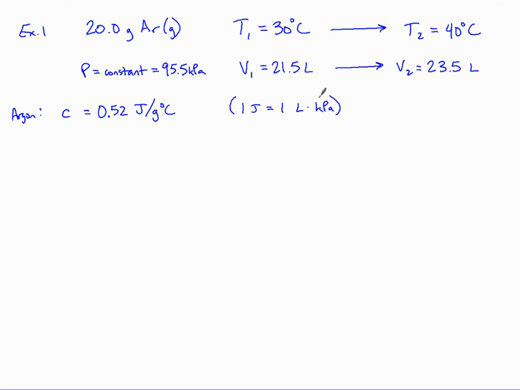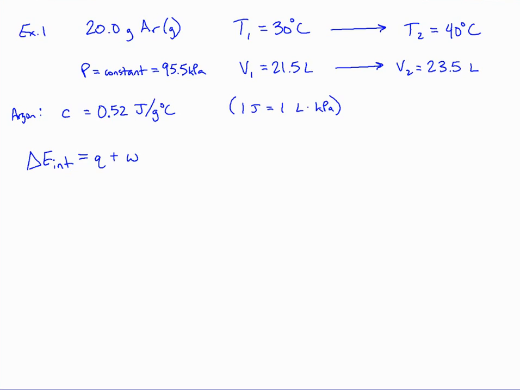So here's what we want to know. What is the change in the internal energy? And we have a formula on this page. We know that it is Q plus W, the heat flow plus the work.